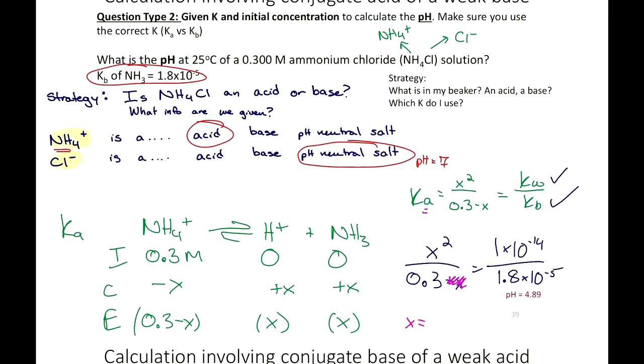But we can do it because these K values are really small. Okay, times 0.3, there we go, square root. So I get that X is 1.3 times 10 to the negative 5 molarity, and you told me that is H plus concentration, so go ahead and negative log that and you get pH.